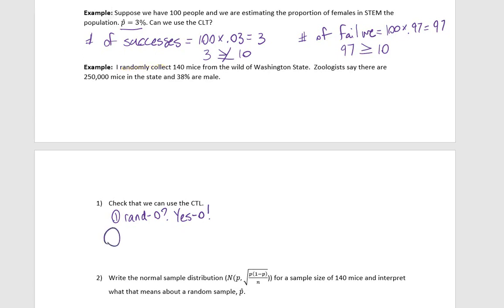The second is, am I going to have enough failures and successes? So my number of successes, well, they said that 38% are going to be male mice. So 38% would be my successes, times, now remember, there's 250,000 mice in the state, but I only collected 140. So that's how many successes I'm expecting to see in my sample.